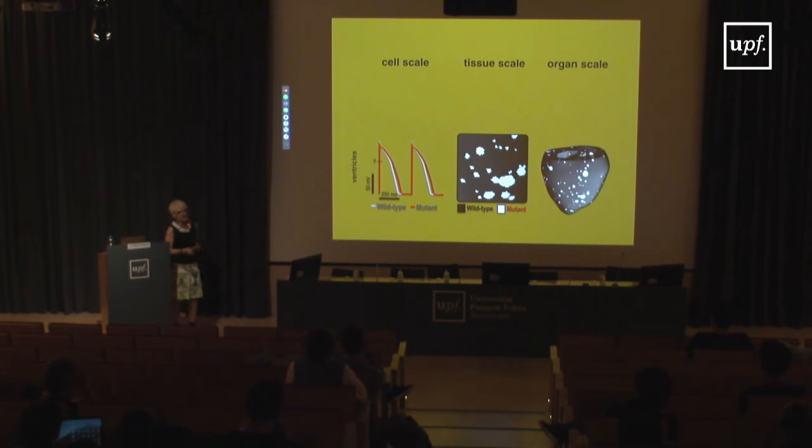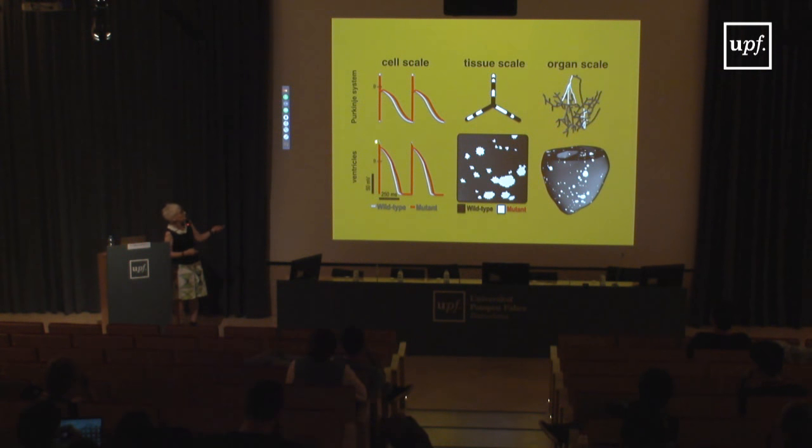Until we realized that we were not taking into account something important in the heart. The heart has a conduction system, the Purkinje system, so we realized that if the heart is mosaic, her Purkinje system could also be mosaic. So then we created a model of the Purkinje system in which we also modeled the mutant cell, and then at the tissue scale and organ scale put all that together.